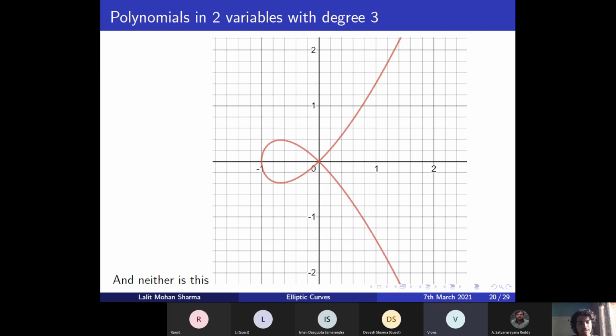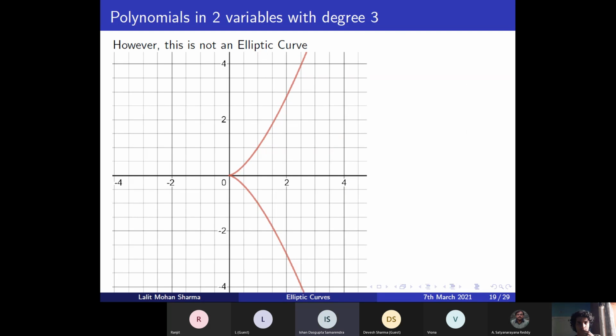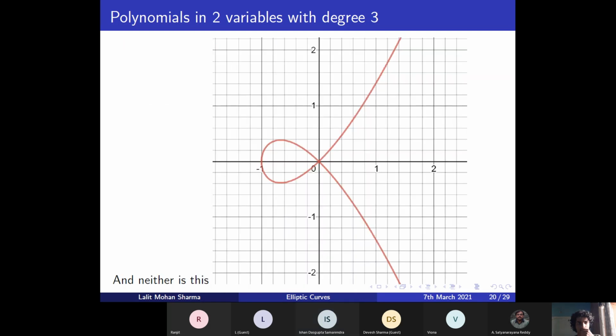Not really. Remember, this is a double intersection point. So you can take x squared in place of x. So y squared is equal to x squared into x plus 1 is the equation of this curve.